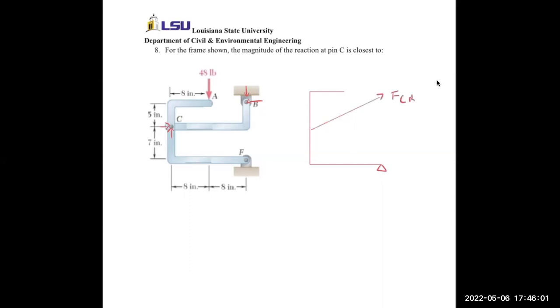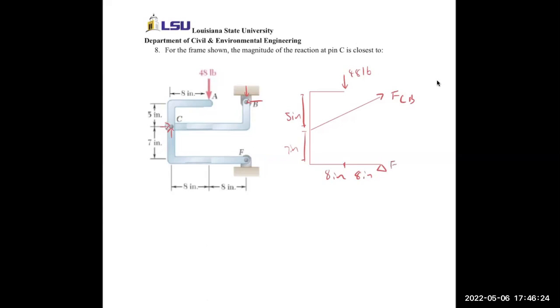This is FCB. This is 8 inch, 8 inch. This is 7 inch. This is 5 inch. Here's a 48-pound load right here. Okay. What can we do at this point?